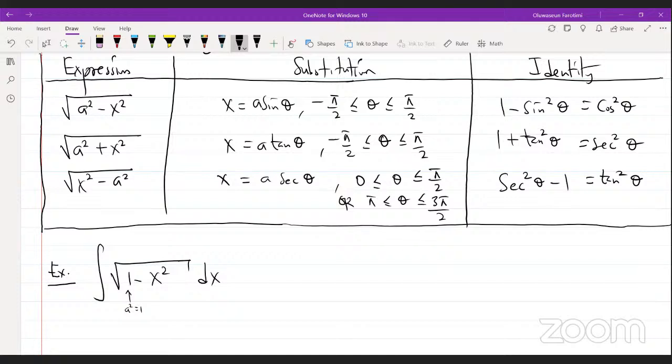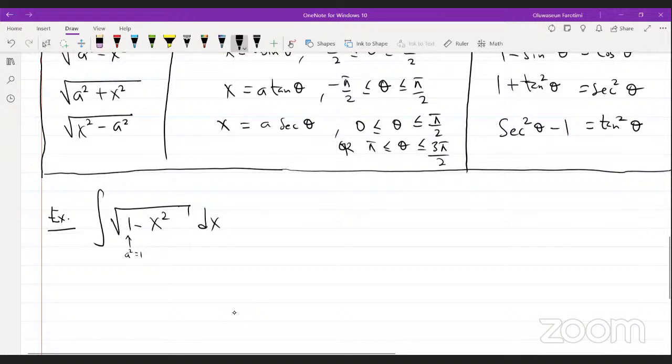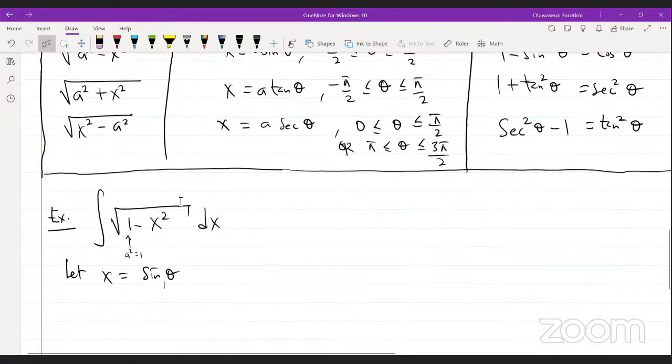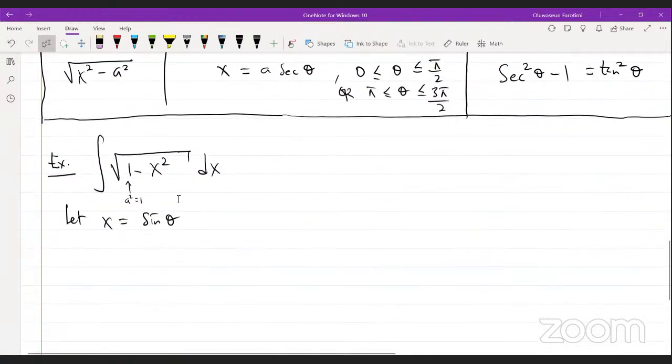What kind of substitution do I make in this case? Let x equal a sine theta. But a is 1, so this becomes 1 sine theta. Once I do this, I can move to dx. Dx becomes cosine of theta d theta.